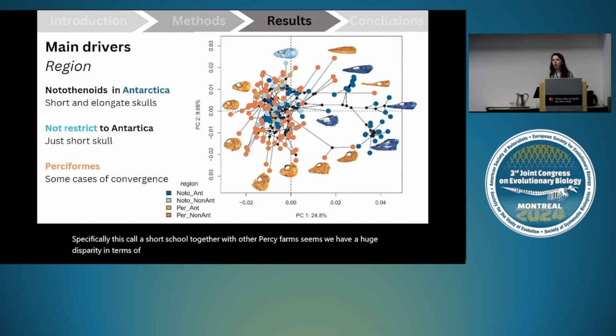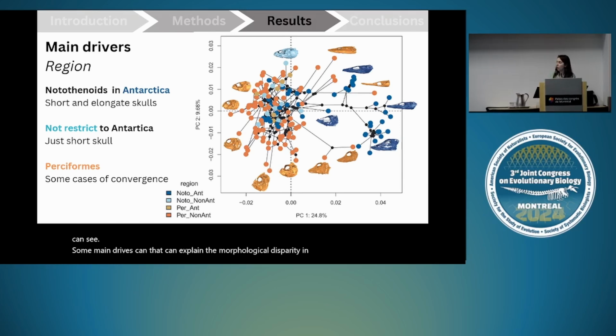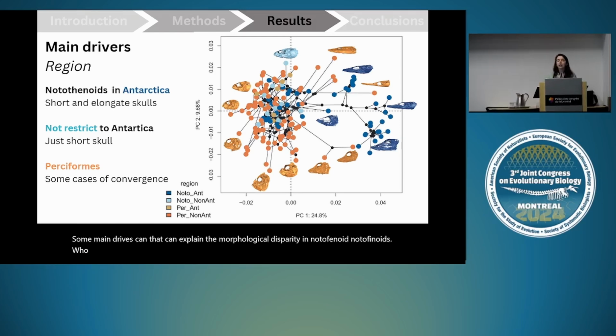So why can we see more about these families? I analyzed at least two main drivers so far. First, region, because in this plot, if you see the phylomorphospace, we can see some main drivers that can explain the morphological disparity in notothenioids. Notothenioids restricted to Antarctica can have both short and elongated skulls.